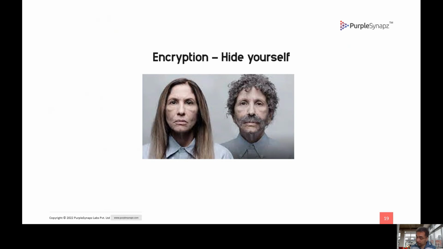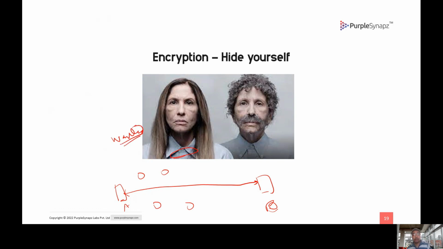What is encryption? You are this person, you know, she has to pass from place A to place B. And there is no way that she can, and this place is totally populated and she's basically wanted. Let's not be a moral judge.